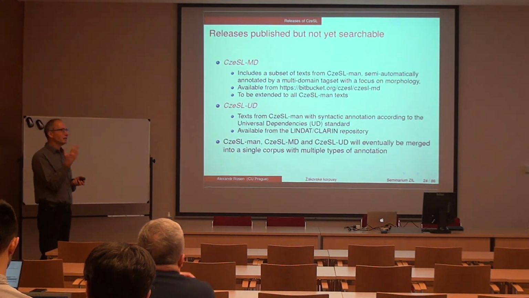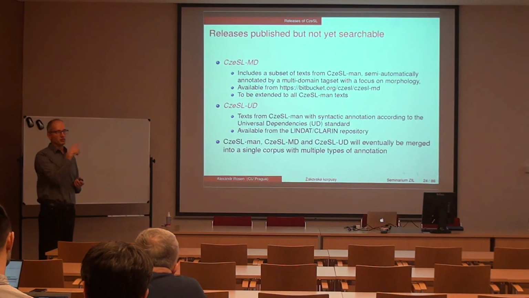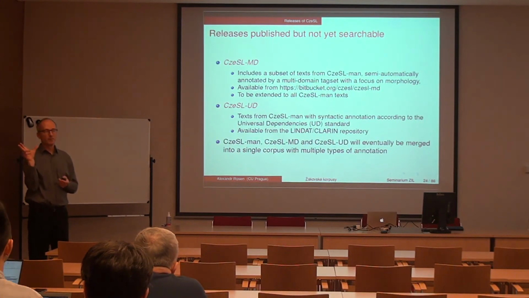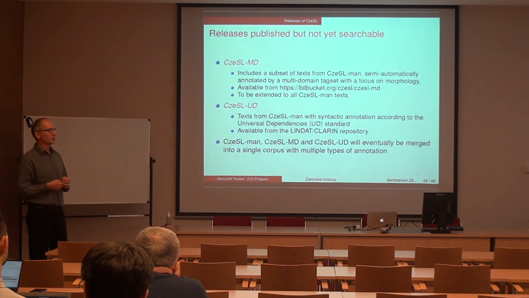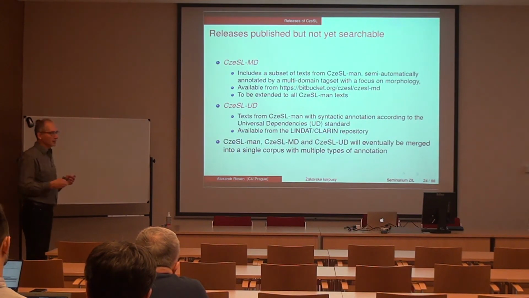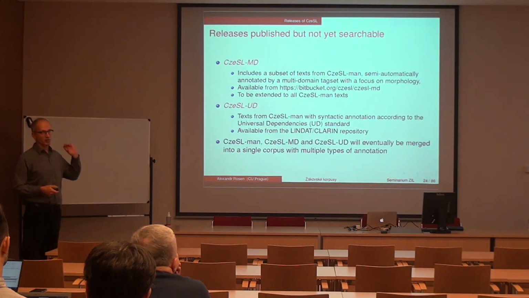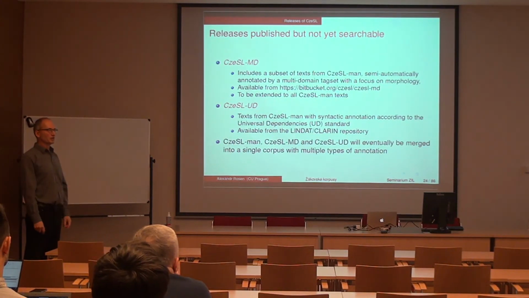But here it was done using the Universal Dependencies functions, so dependency labels for subject, object, and so on. And it's something close to semantics, and it doesn't care about morphology or agreement errors at all. Yeah, it just tries to make this right.